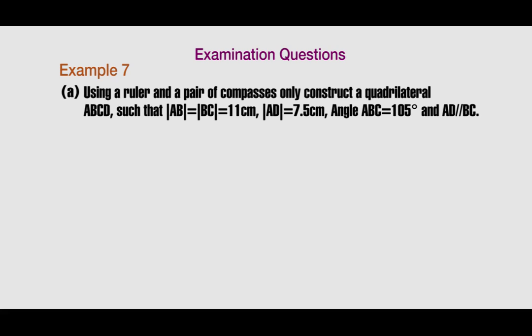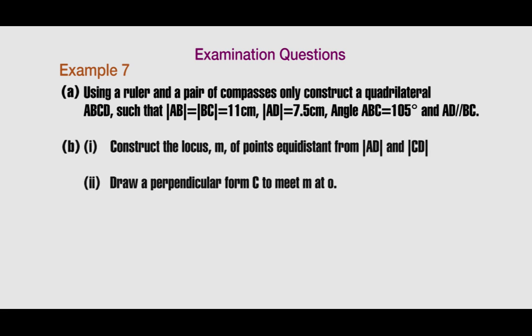Using a ruler and a pair of compasses only, construct a quadrilateral ABCD such that the length AB is equal to the length BC and is equal to 11 centimeters. The length AD is equal to 7.5 centimeters and angle ABC is equal to 105 degrees. Also, AD is parallel to BC.